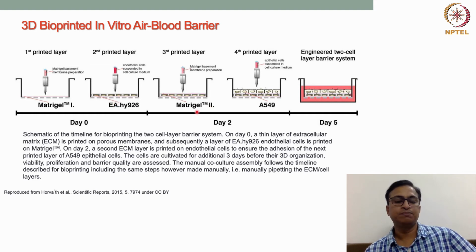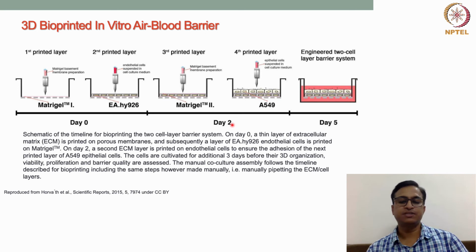Then they printed another layer of material, and on top of that the epithelial cells were seeded, and then they cultured it. So they used two different strategies, one manual and one bioprinted.